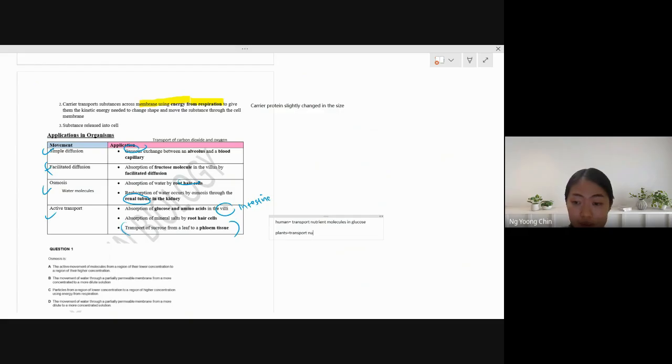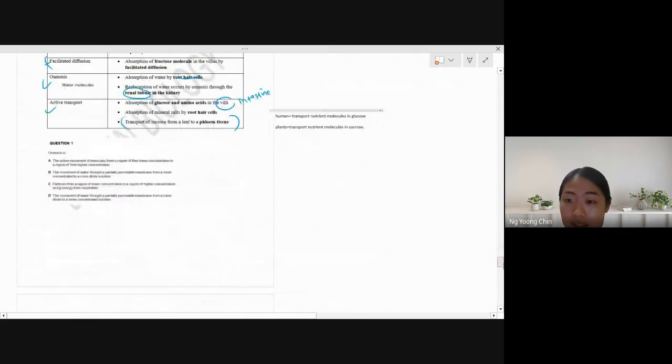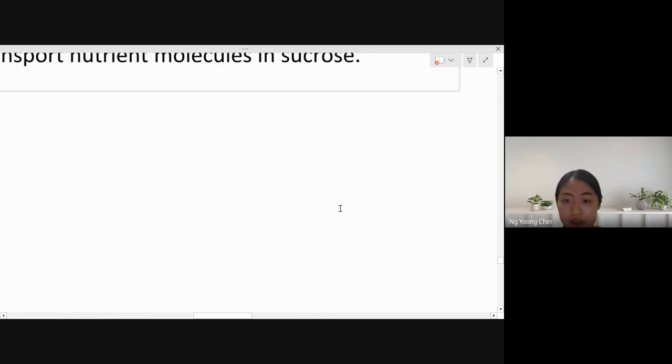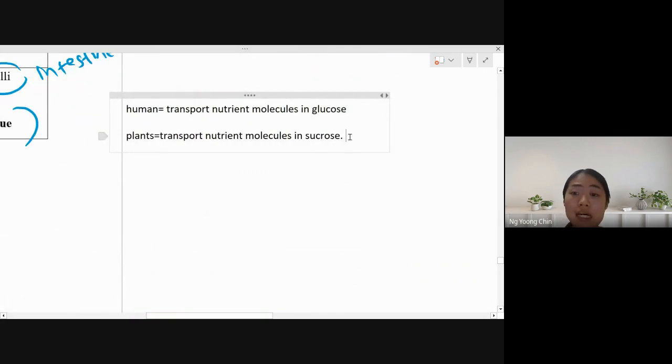Sucrose is a kind of monosaccharide. Oh, it's not a monosaccharide, it's a disaccharide, sorry. I think you heard about disaccharide before, right? Disaccharide means 双糖.